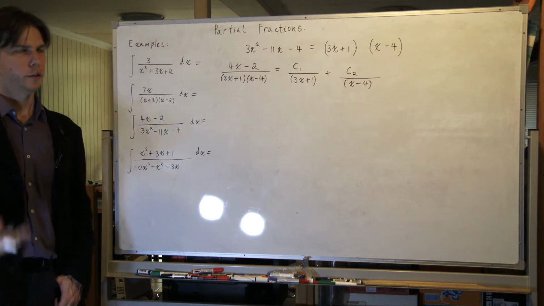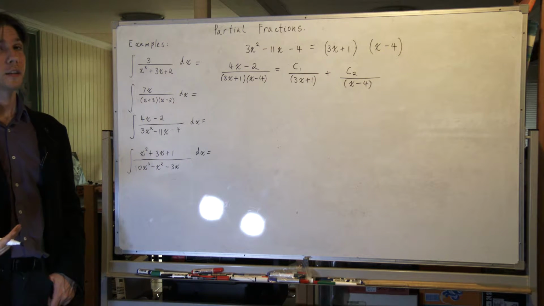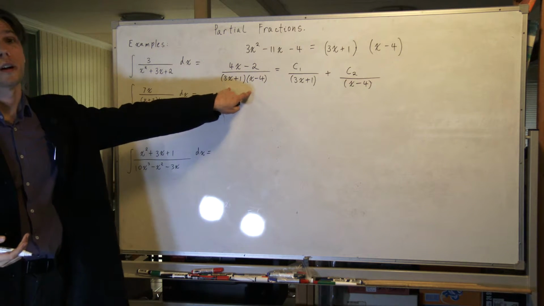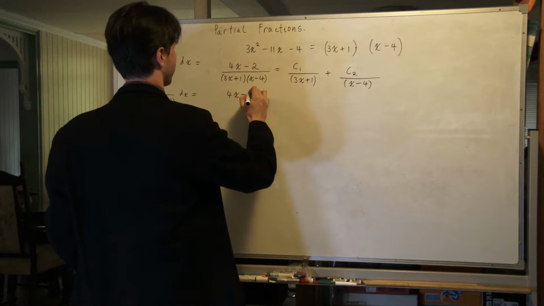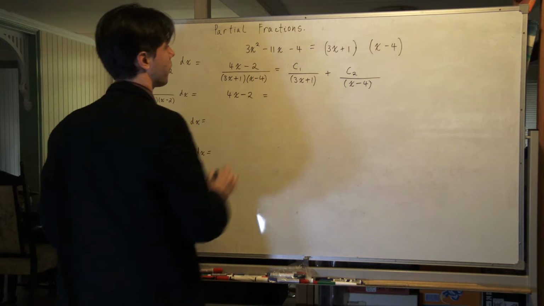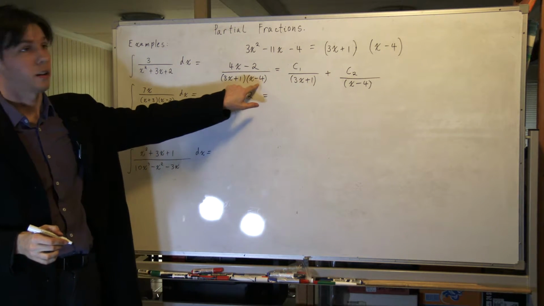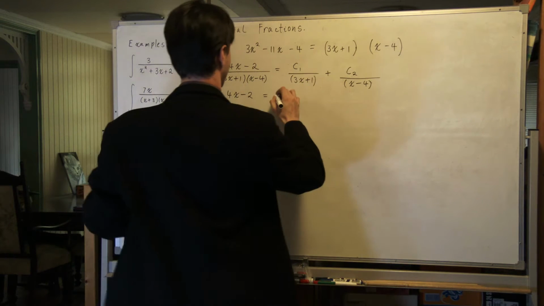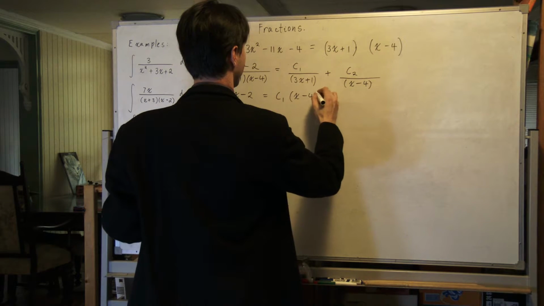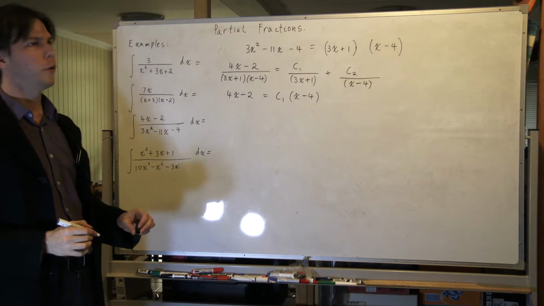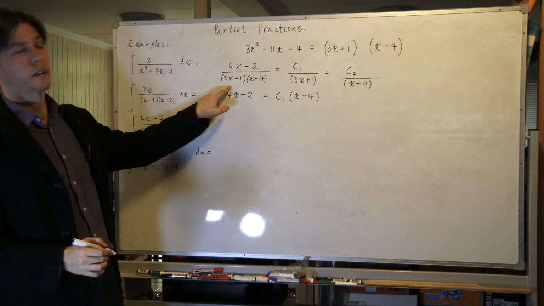And now, just as before, I multiply everything by both factors. Over here, both factors cancel out, so I have 4x take 2. Over here, the factor which doesn't cancel out is x minus 4, so I have C1 times x minus 4. Over here, the factor which doesn't cancel out is 3x plus 1.